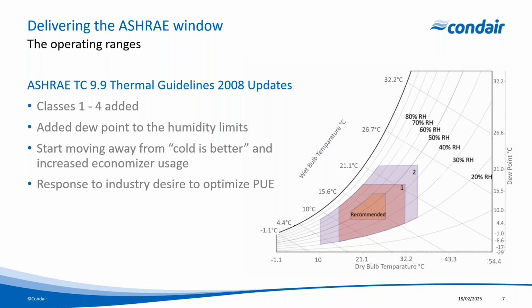There were no changes made to the allowable ranges in this update, but this is really when ITE manufacturers and data center operators started to move away from the notion that colder is better, and that by increasing the recommended temperature and humidity ranges, allowed for an increased opportunity to use compressor-less cooling solutions and economizer systems.